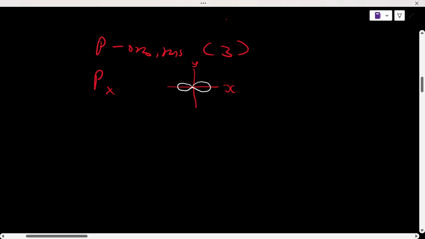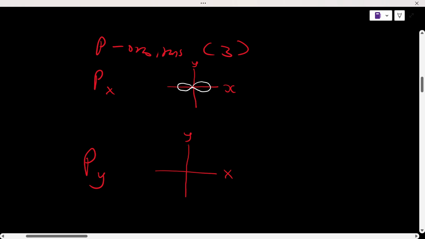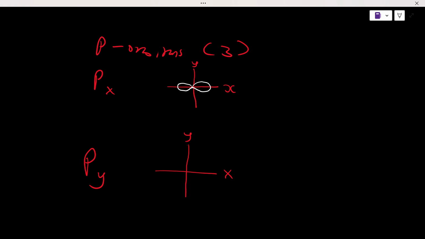The next one is a py, and after drawing the Cartesian plane, I'm going to have x, and this is y, because magnetic quantum number is supposed to tell us the orientation, how the orbital is oriented, and the angular momentum number tells us the shape.